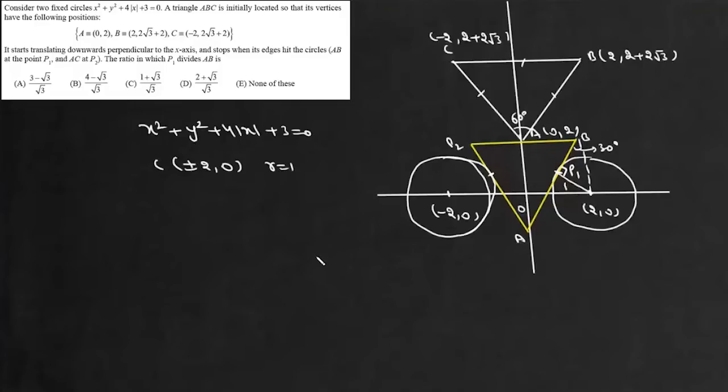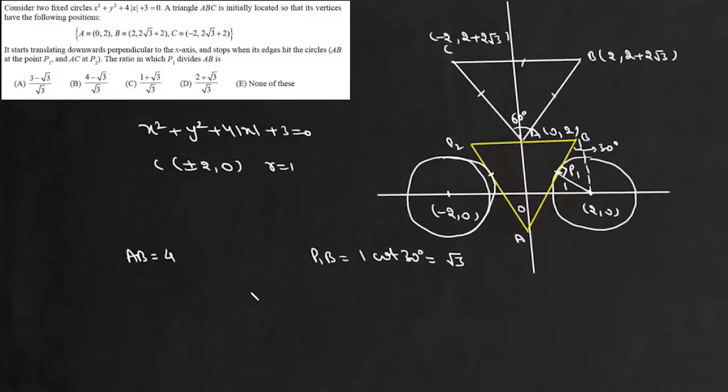So if we write P1B will be 1 cot 30, and that will be simply root 3. Now length of AB, it is 4 units using distance formula.